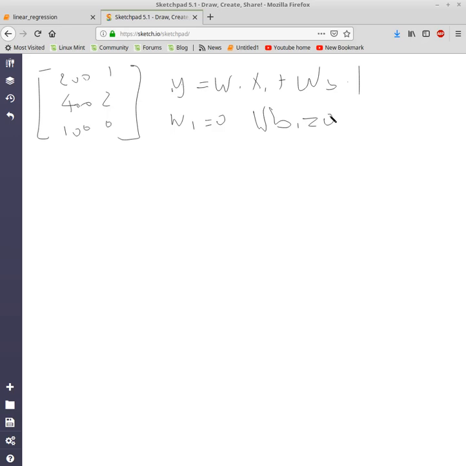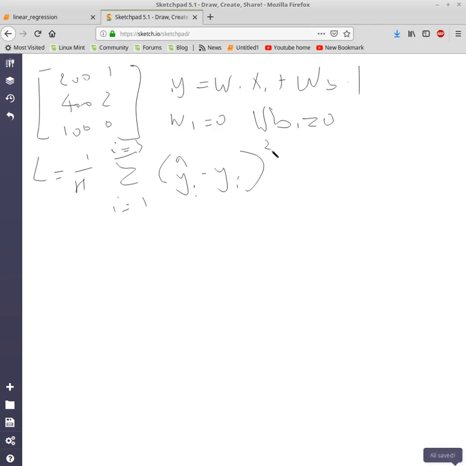So we want to calculate the loss. Remember again, the loss was 1 divided by n, or in this case 1 divided by 3, times the sum from i equals 1 to n of (y hat minus y_i) squared.